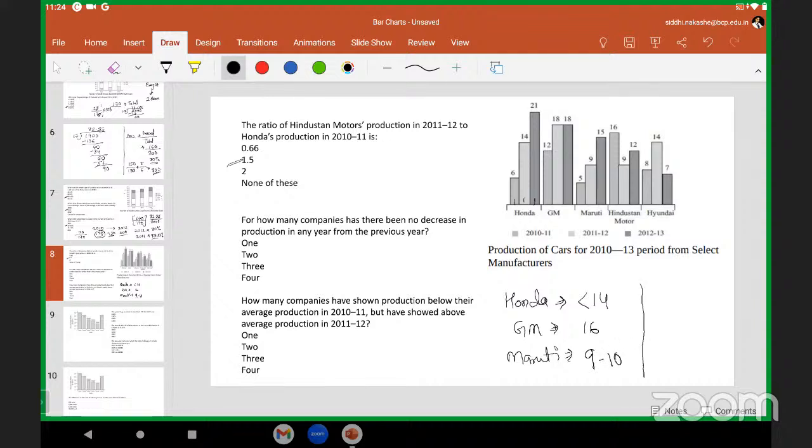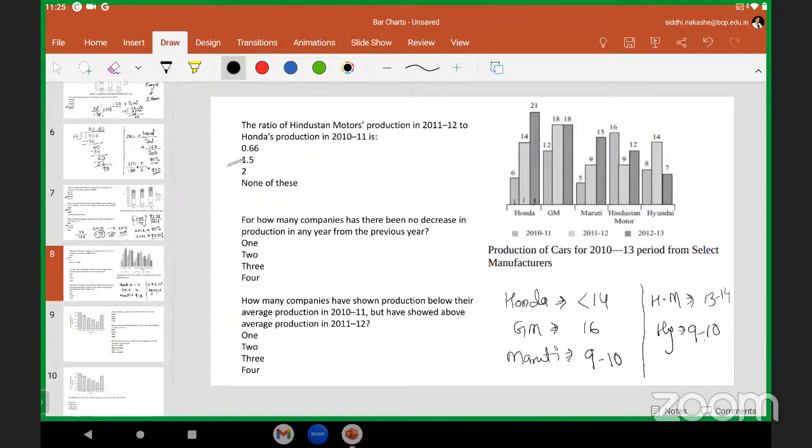And similarly, for Hindustan Motors, the average is 16 plus 9, so that is 25, plus 12, that is 37. 37 divided by 3, 36 divided by 3 is 13, so the number should be somewhere between 13 to 14. And for Hyundai, that is 14 plus 8 plus 7, so that is 29. If we divide by 3, again similar to Maruti, it has to be a number between 9 to 10.